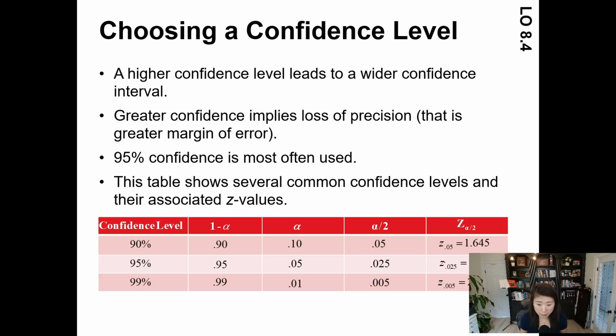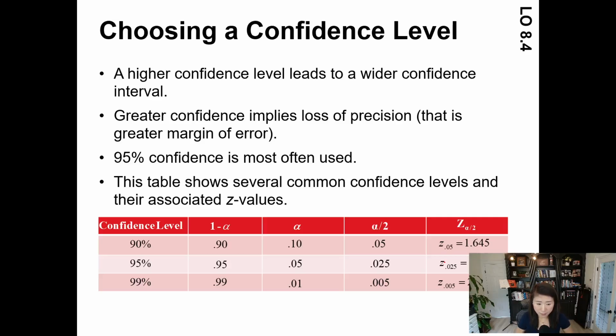That also means your z statistic value will become larger. So greater confidence implies a loss of precision, that is, a greater margin of error. 95% confidence is most often used, and sometimes we also use 99% and 90%. 90% will give us a narrower confidence interval compared with 95%, and compared with 99%.